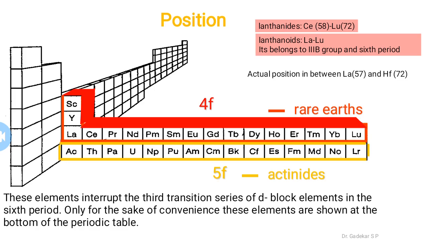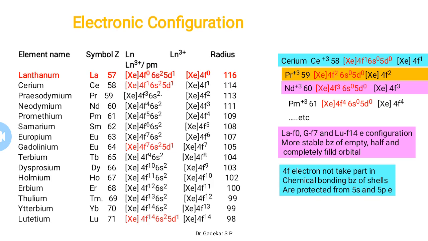The lanthanide series includes 14 elements, cerium to lutetium, and the actinide series starts from thorium to lawrencium. Now we discuss the electronic configuration of f-block elements, such as the lanthanides.